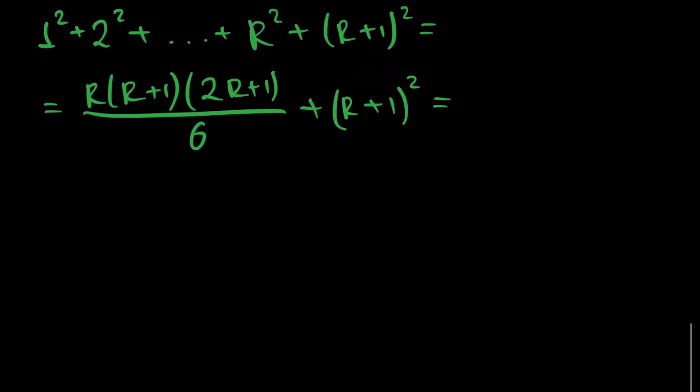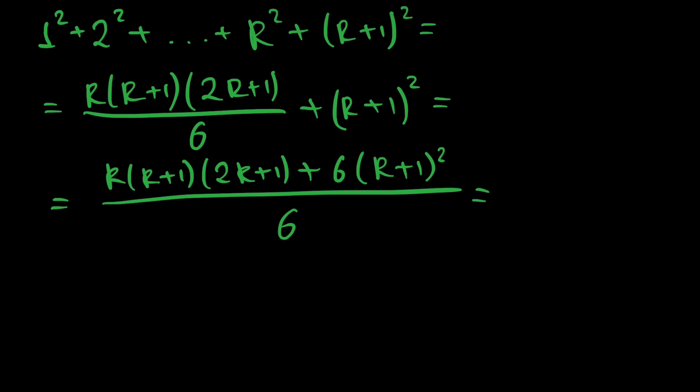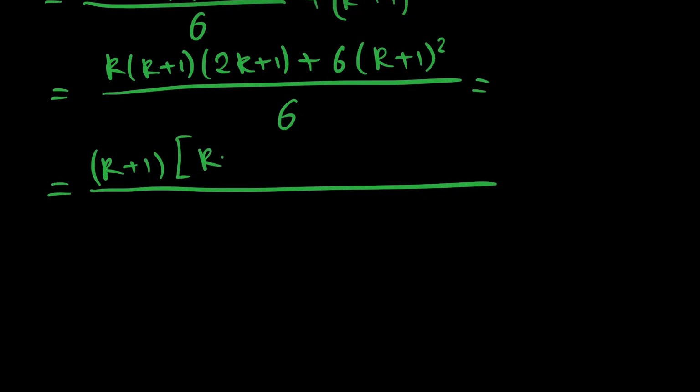Next, we can write it as k times k plus 1 times 2k plus 1 plus 6 times k plus 1 squared, all divided by 6. Next, we can take k plus 1 out and write it as k times 2k plus 1 plus 6 times k plus 1.